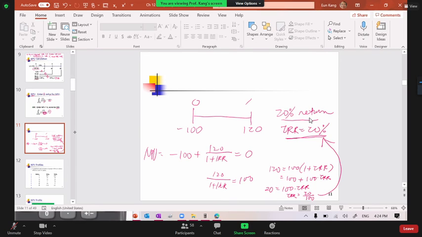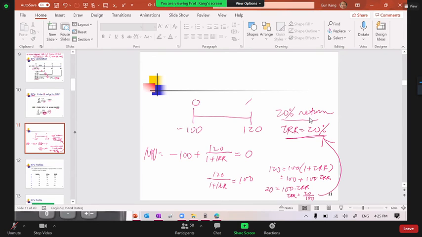So that's why you want to choose a high IRR project, because high IRR means the project has high return. Then why do we say internal rate of return rather than just return of the project? The reason is that internal rate of return is something inherent in the cash flow.